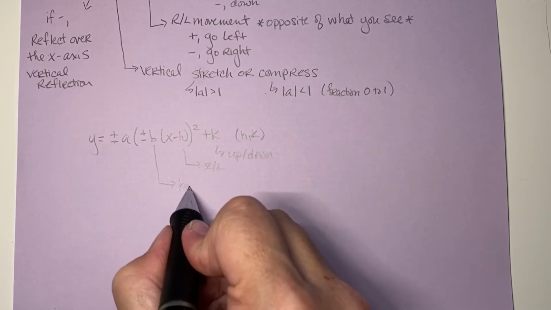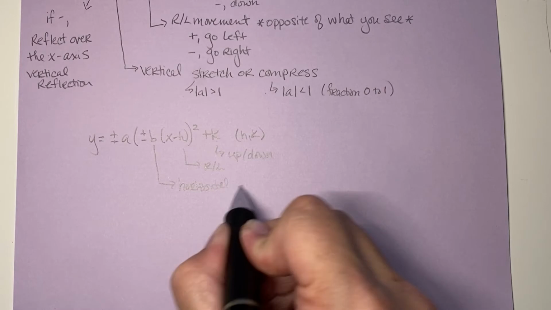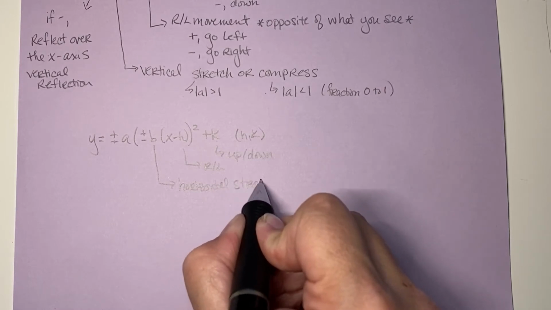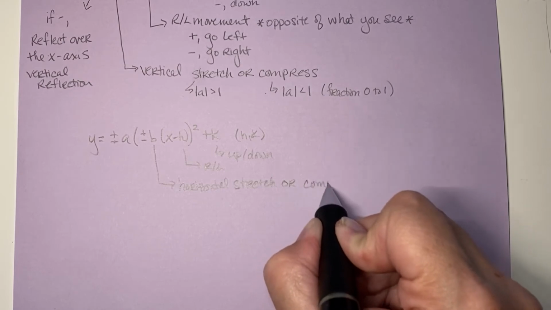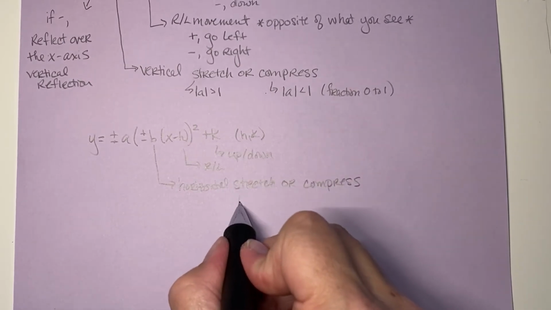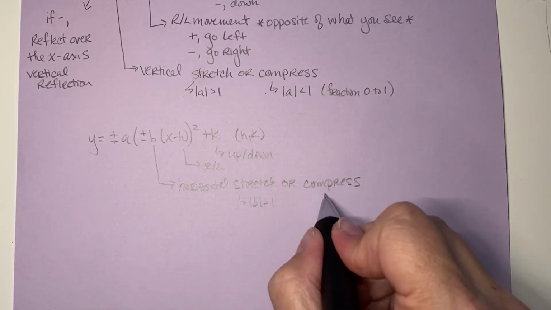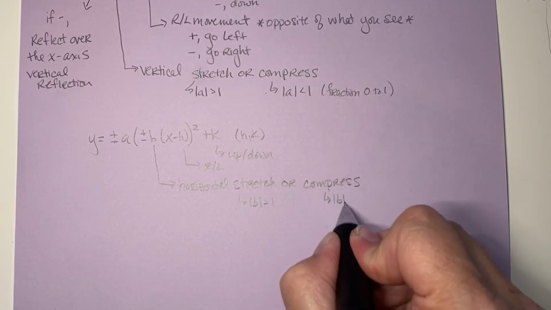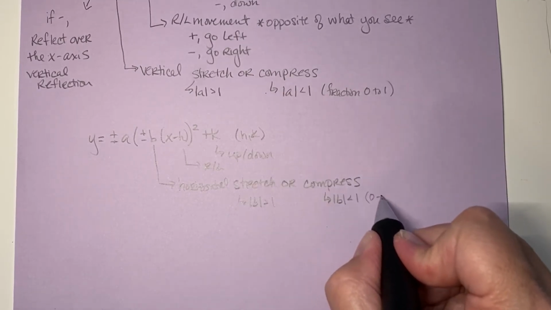This tells you horizontal stretch or compress. Okay, and it's a stretch if the absolute value of b is greater than 1, and it's a compress if the absolute value of b is less than 1, again, between 0 and 1.